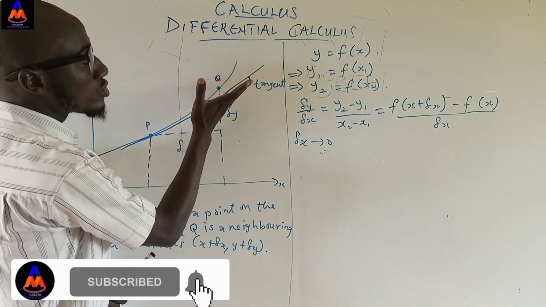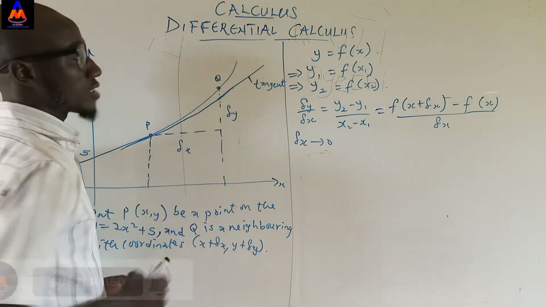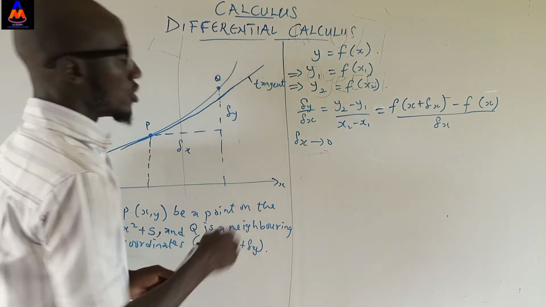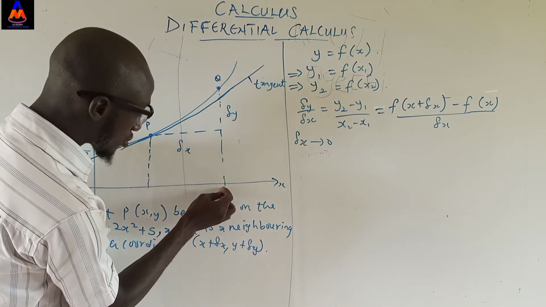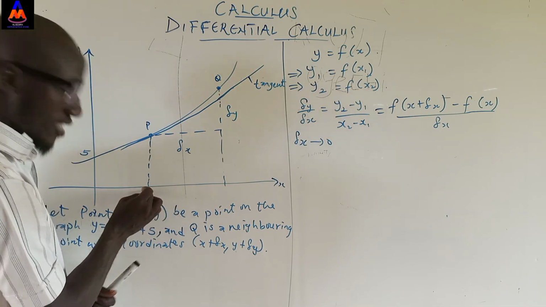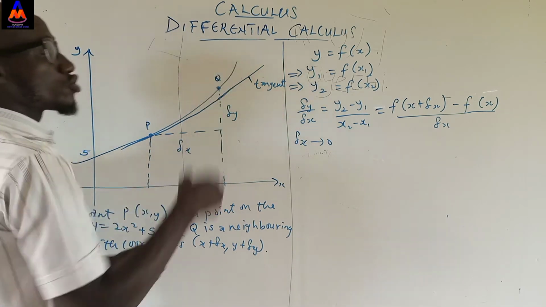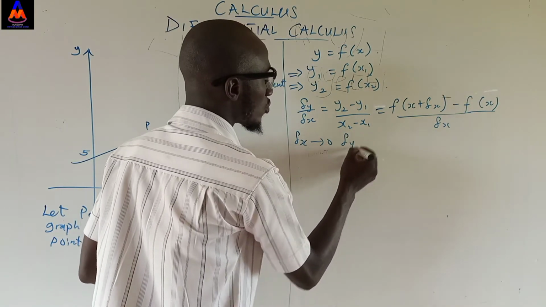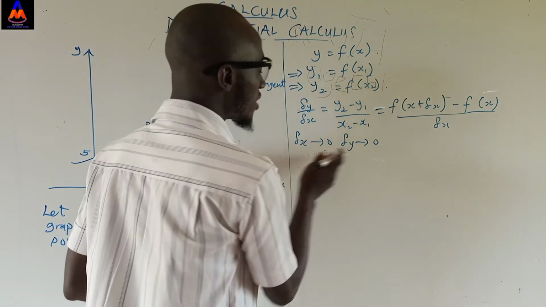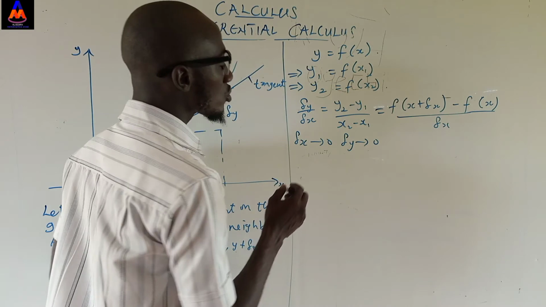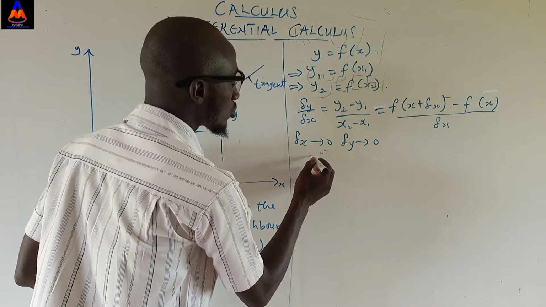That is, the tangent will move closer to this particular curve. So we try to reduce this x2 to x1. When you try to reduce this x2 to x1, then change in y will also go to 0.